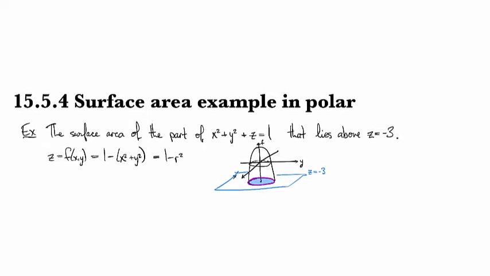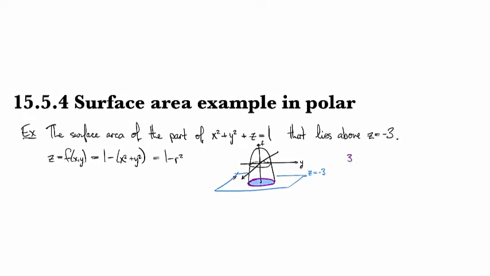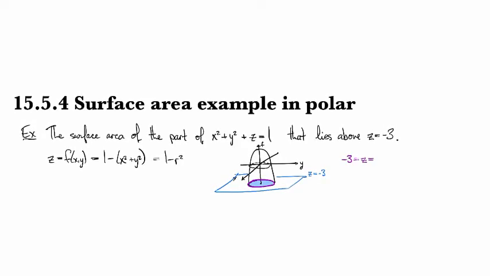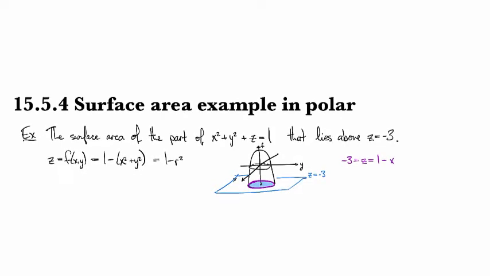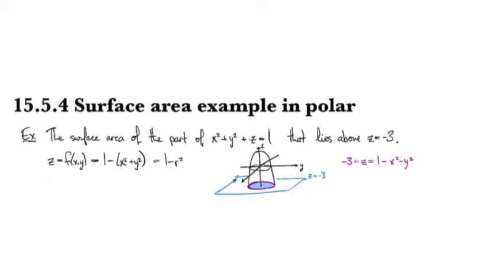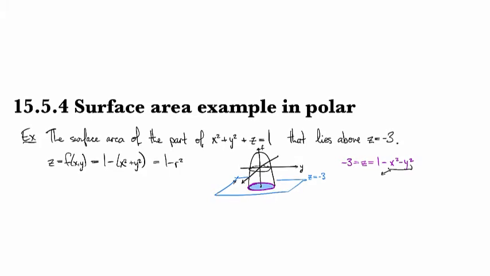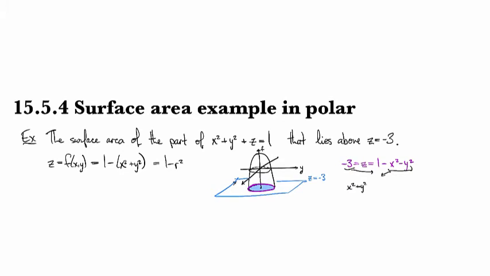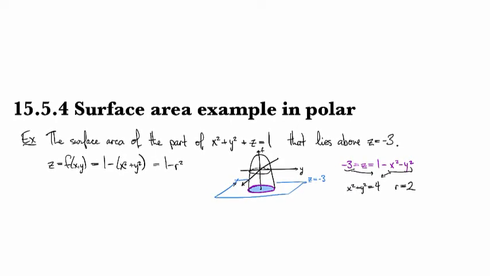That's going to come from the intersection of, on the one hand, z equals minus 3, and on the other hand, 1 minus x squared minus y squared, which, if I put this part back on the left and this part back on the right, is going to be x squared plus y squared equals 4, or the circle r equals 2.